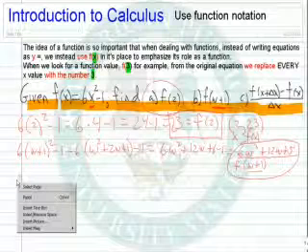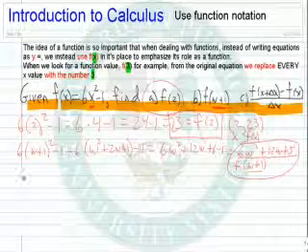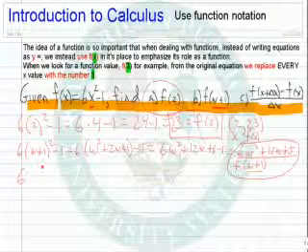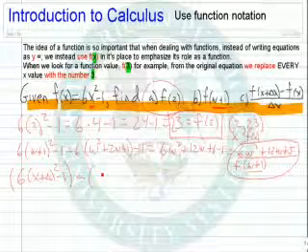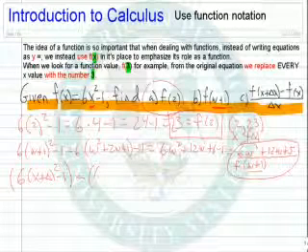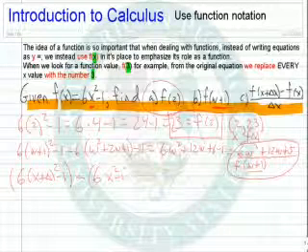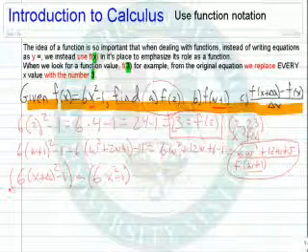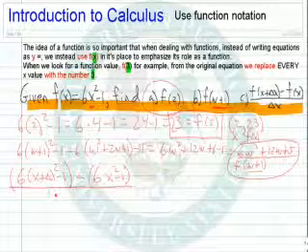We replace the thing inside with x plus delta x, so we're going to write 6 times x plus delta x squared minus 1. That's the first part of all this. Minus the second part is f of x, which is exactly what we started with, 6x squared minus 1. And we're going to divide the entire thing by delta x.